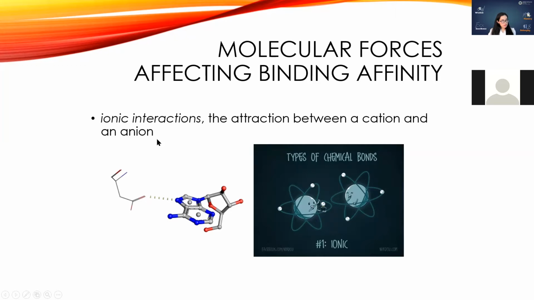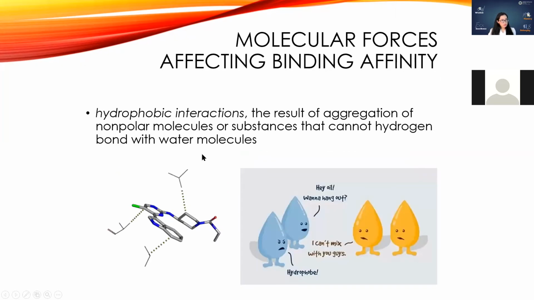So this is ionic interaction or salt bridge. And the molecular forces that also affect binding affinity that you should consider clearly include the hydrophobic interaction, which is the aggregation of nonpolar molecules that cannot hydrogen bond with water molecules. This one, I often make a joke, is like the concept of Lakontai.